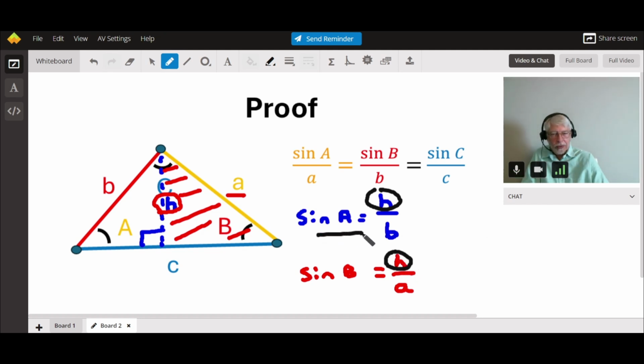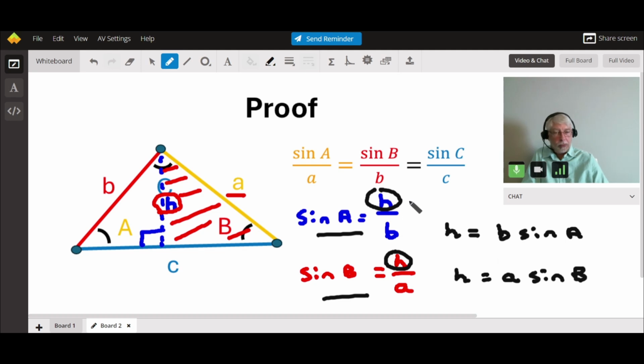So for this one, we can say h is equal to b times sine A. And for this one, we could say h is equal to a times sine B. We just multiply both sides by b over b here, and we just multiply both sides here by a over a.